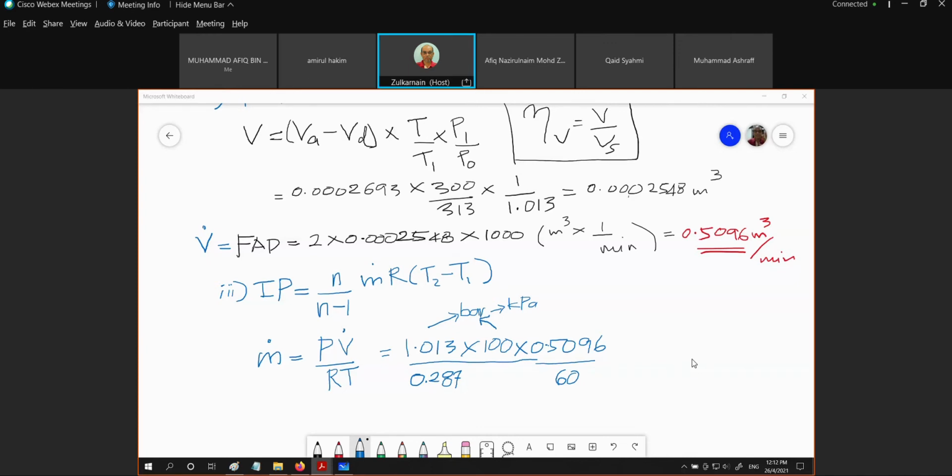There's no R given. Okay, so assume the R is 0.287. And then the T is 27, so this is 300. So get the m dot.